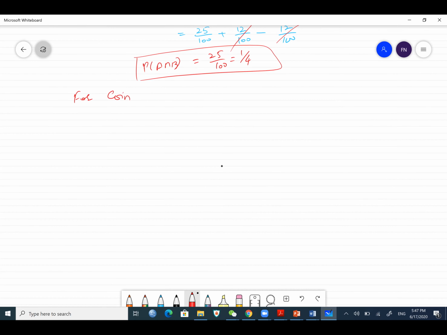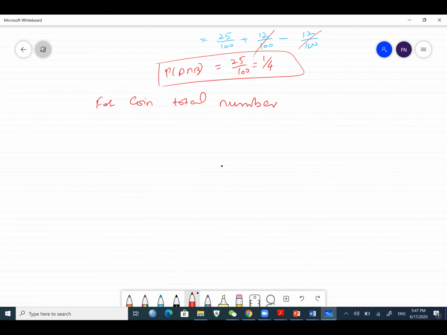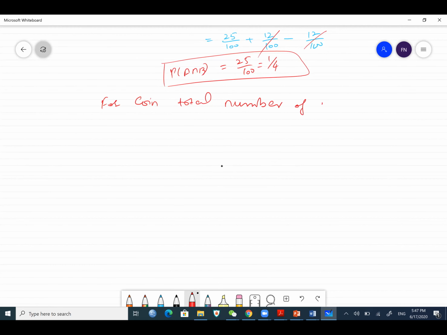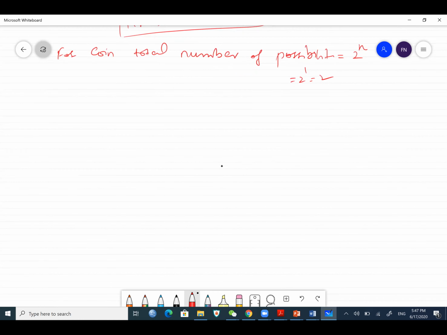For a coin, total number of possibilities can be 2 raised to power n. If you toss a coin once, total number of possibilities are 2, 2 raised to power 1, head or tail. If you toss a coin 4 times, total number of possibilities would be 16.